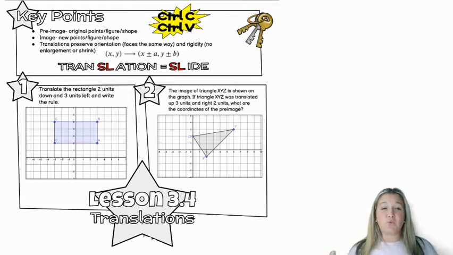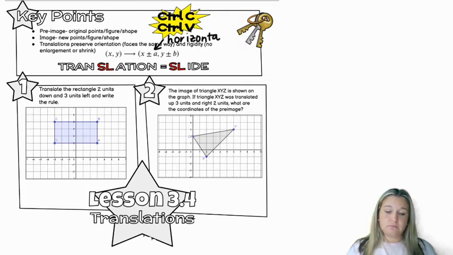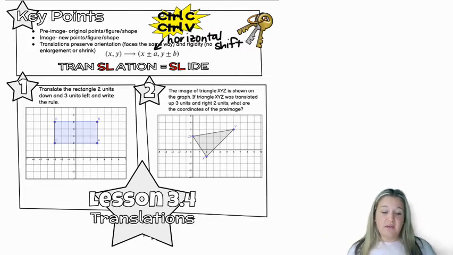If we were to write the rule, we start out with our (x, y), and then it goes to (x plus or minus a, y plus or minus b). The a is going to be a horizontal shift, and the b is going to be a vertical shift.